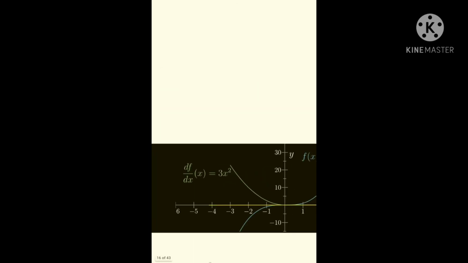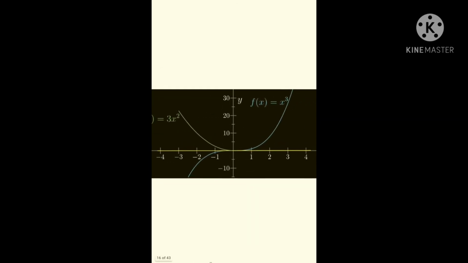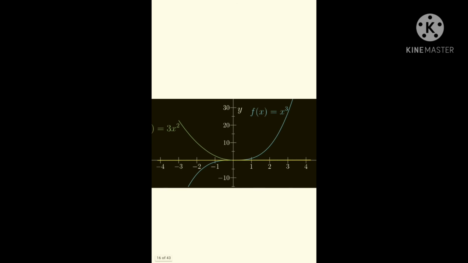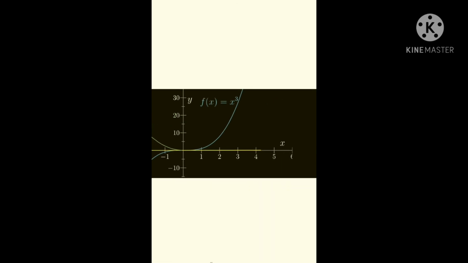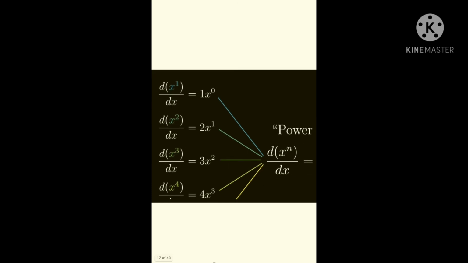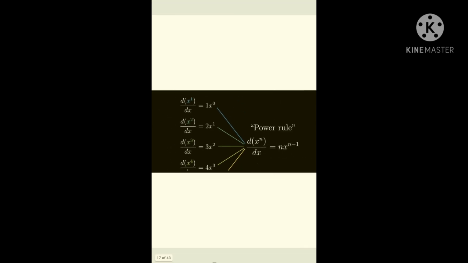Its slope is flat when you are lying on the x-axis, and your slope is 0 when it is moving towards negative. Now see, there are some power rules. We have seen this, the derivative of x raised to n is n x raised to n minus 1. So the derivative of x is 1 (x raised to 0), the derivative of x square is 2x, the derivative of x cube is 3x square, and x raised to 4 gives 4x cube.